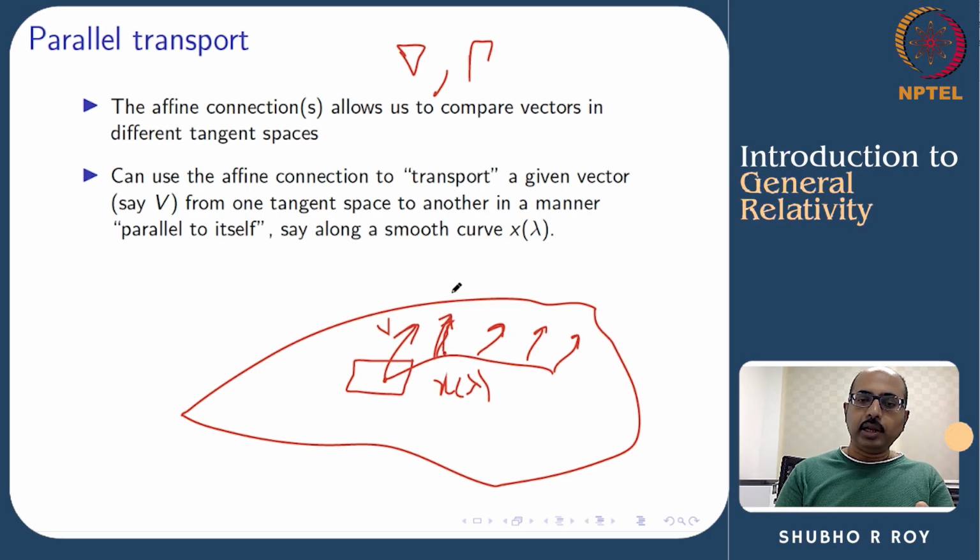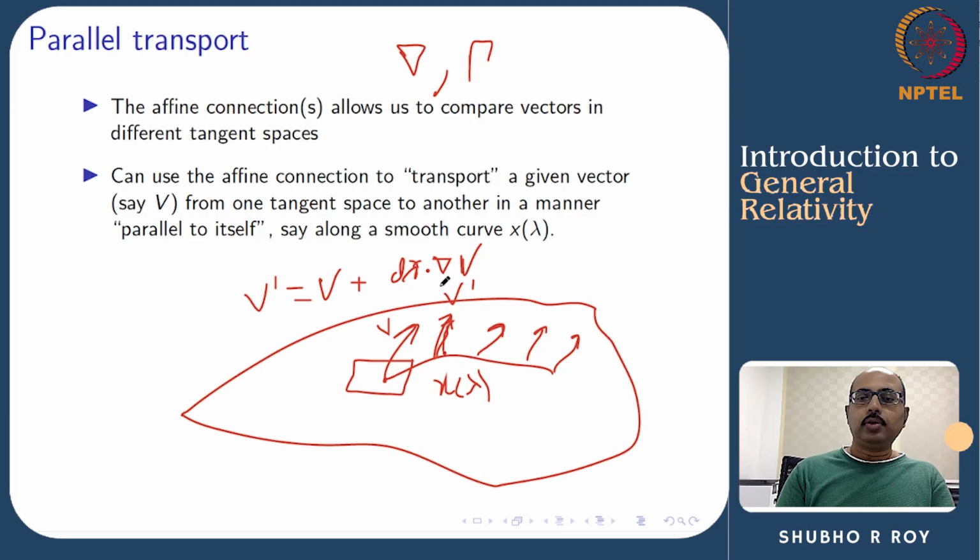So in particular, the significance of the affine connection is that if you take two vectors living in two different tangent spaces, and those two tangent spaces are at infinitesimally close points, then this v prime is v plus some d lambda, or dx, times del mu acting on v.